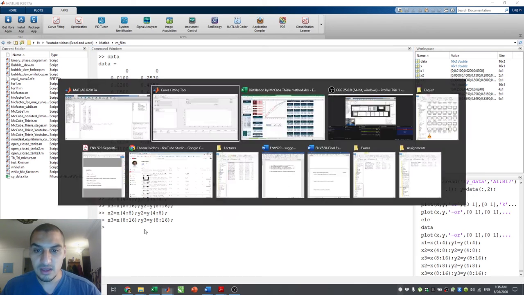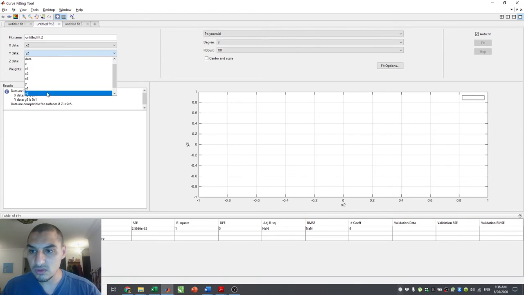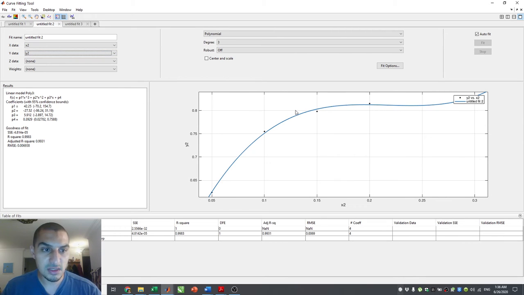So now it should work well. I make it y2, and you see it's not that perfect, but it's 99.8% goodness of fit, so it's good enough. This difference is very small. For me, this is acceptable, at least for this application.